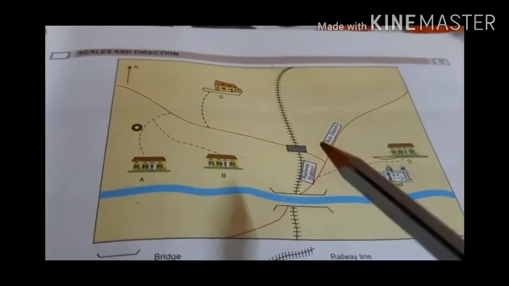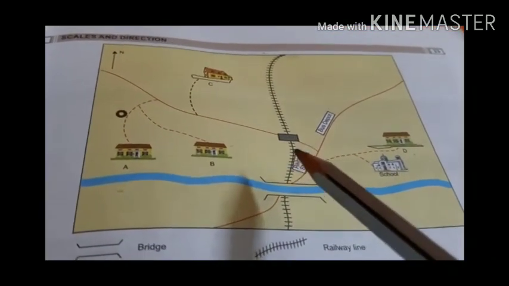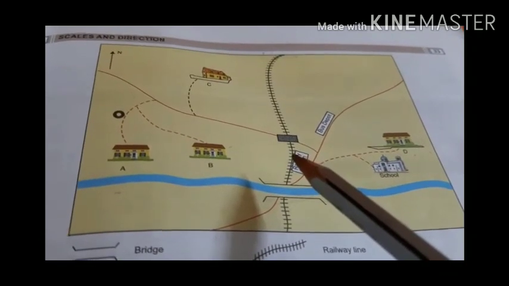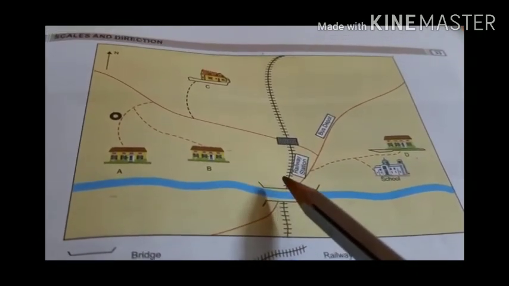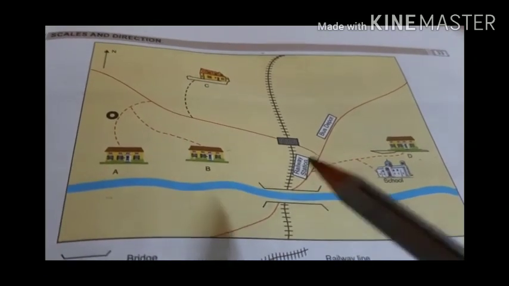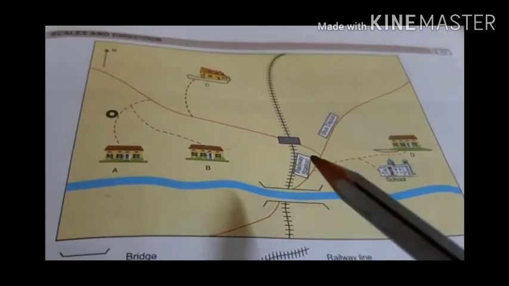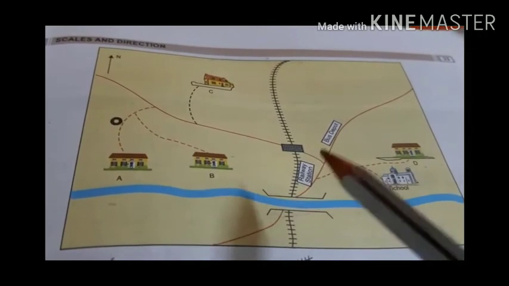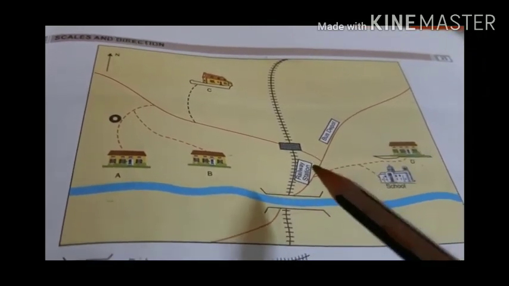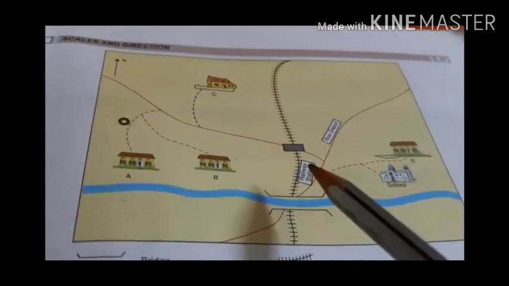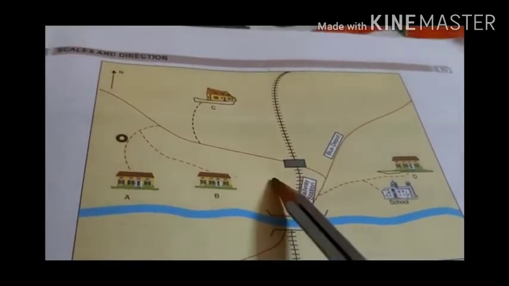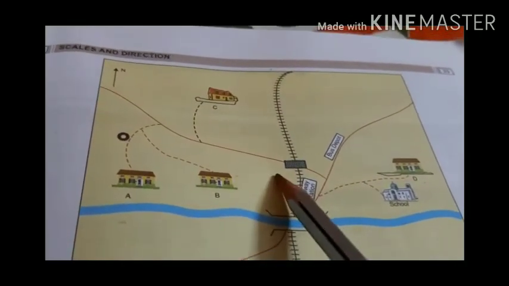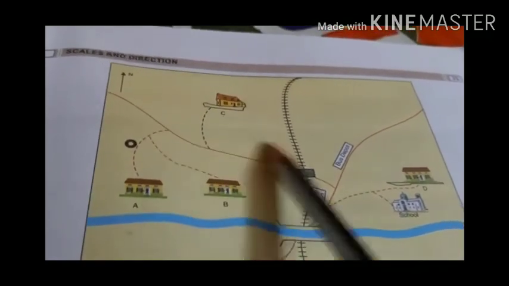In large scale, a smaller area is shown compared to small scale. Here the area is small, but it gives us very detailed information about that area, and that's why it is large scale. It is giving information about everything, but the area is small.